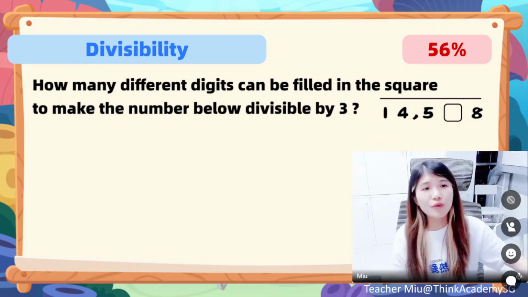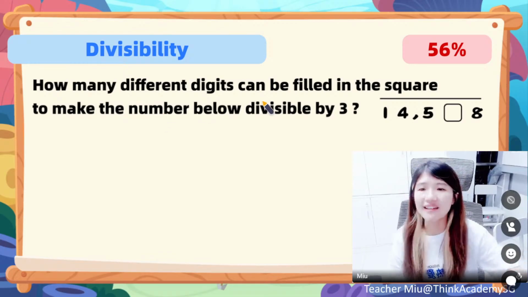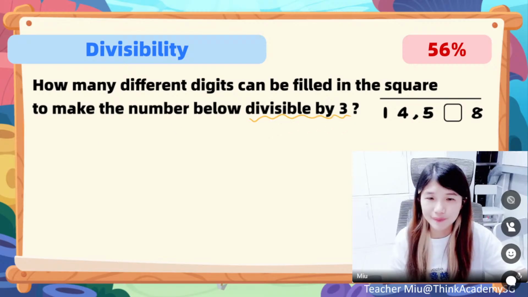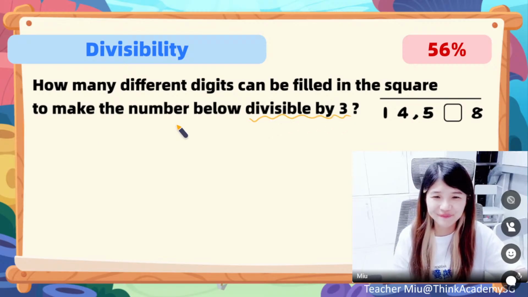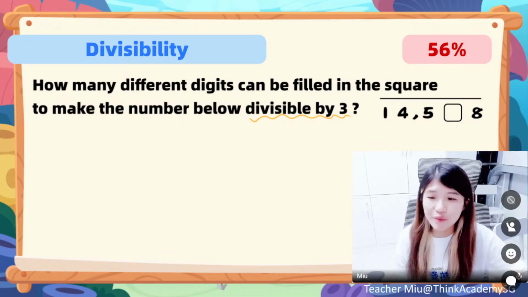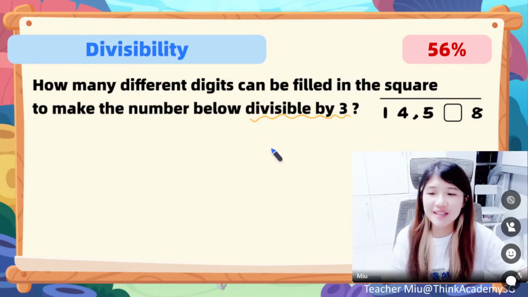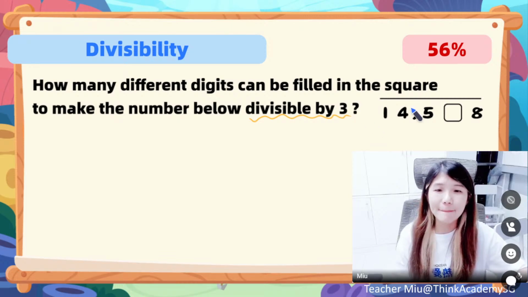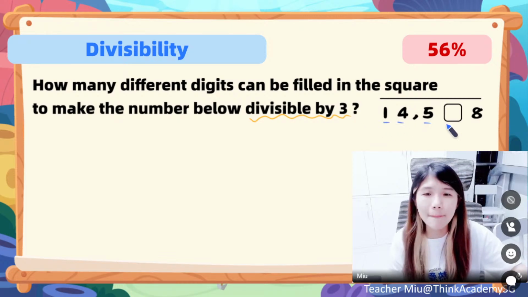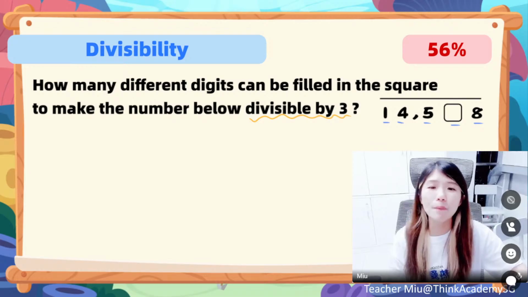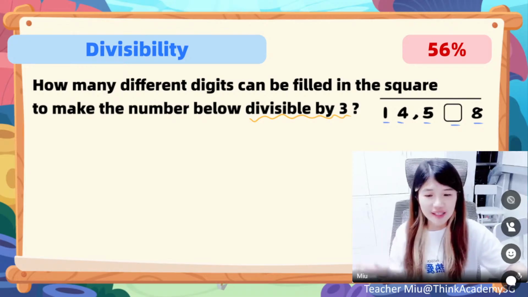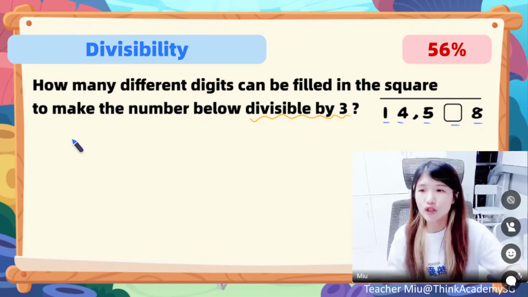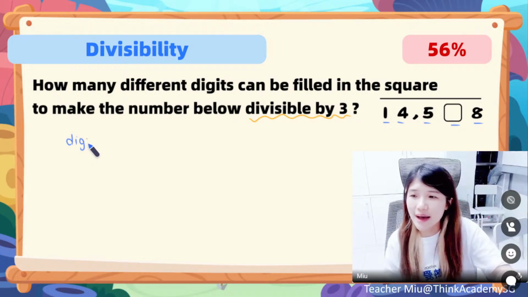So do you remember what divisible by 3 refers to? Divisible by 3 means the digit sum must also be divisible by 3. So let's go to the digit sum first.